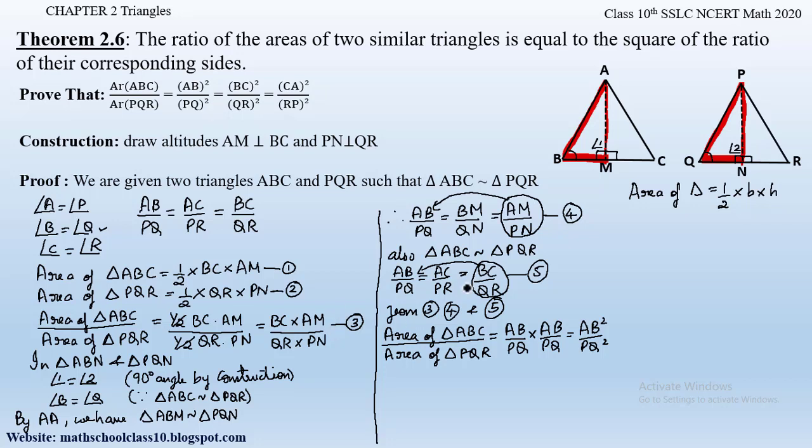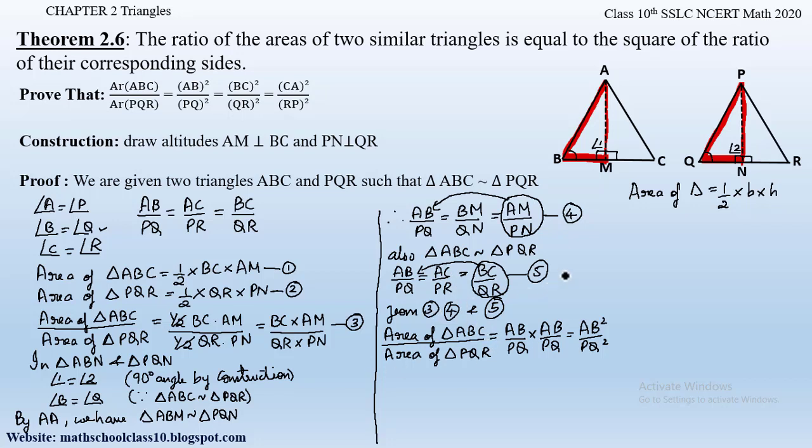And also if you observe here, AB by PQ is also equal to BC by QR, and also equal to CA by RP or AC by RP, right? So if AB by PQ is equal to BC by QR, then AB square by PQ square will also be equal to BC square by QR square. Similarly, it will be equal to CA square by RP square.